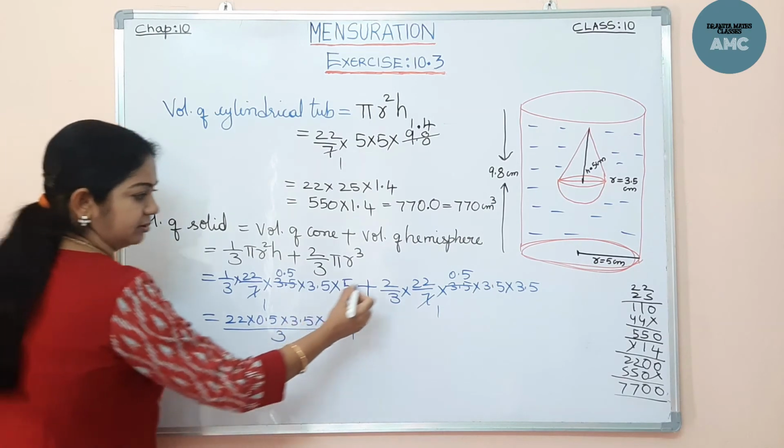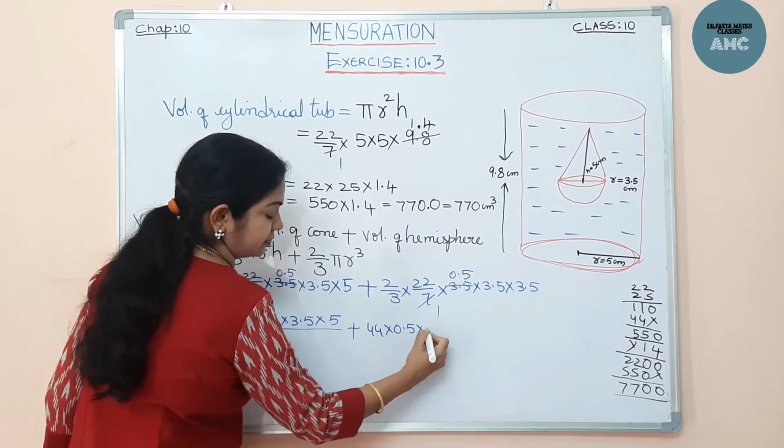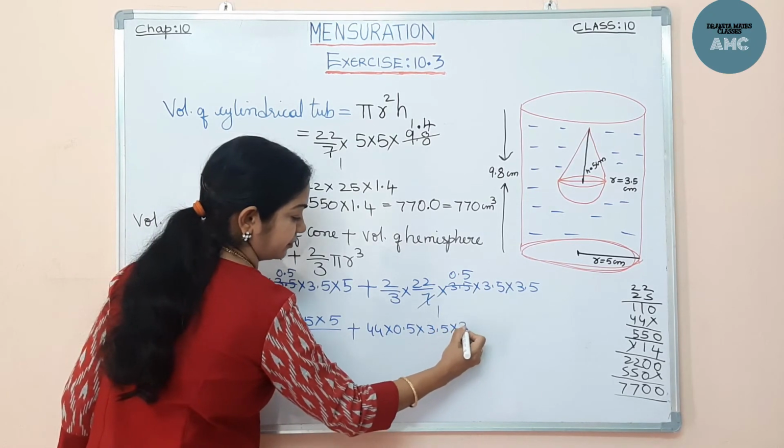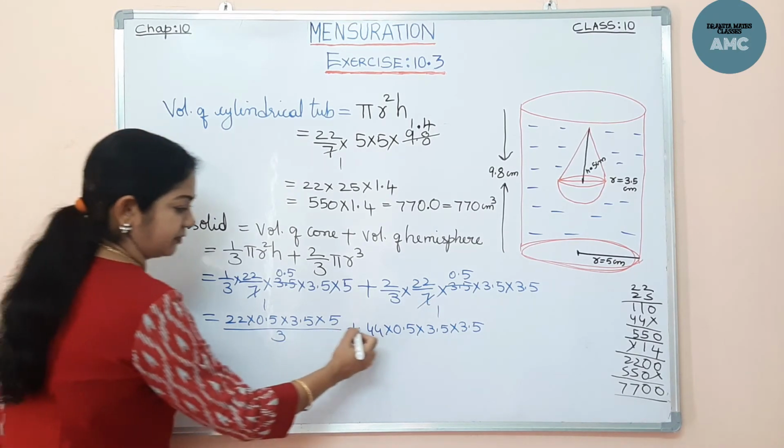Now nothing goes here. Simply 44 into 0.5 into 3.5 into 3.5. Right. And also the 3 value is there.